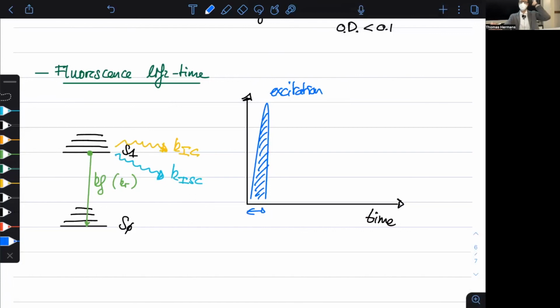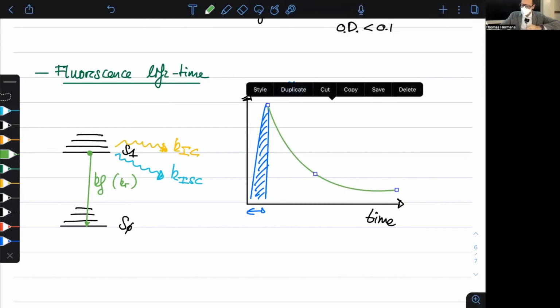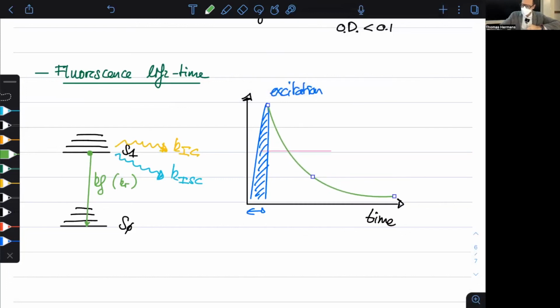So I give a pulse of light, very short pulse. I excite my molecules. What will the fluorescence do? Well, it will go down, not like that. I have to draw it more curved. Okay, so it will decay, kind of exponential decay, like this.